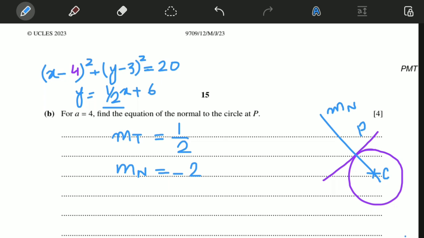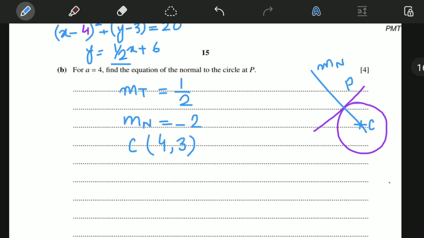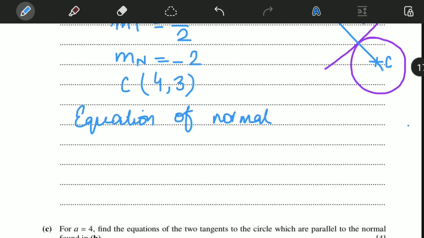One thing. Second is what will be the point: the center is evident from the equation of the circle. It's 4 and 3. So the equation of normal would be y minus y1 is equals to m times x minus x1.